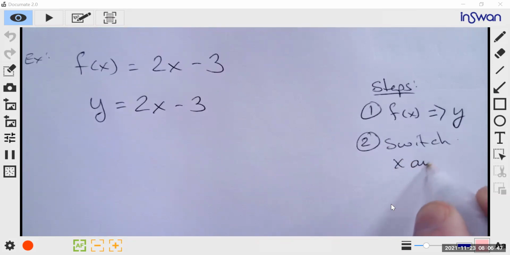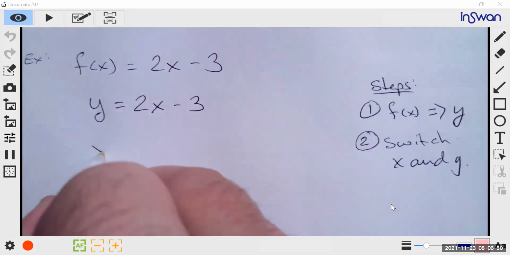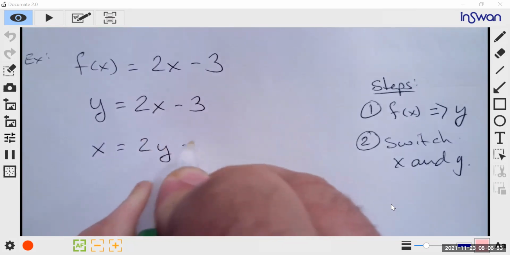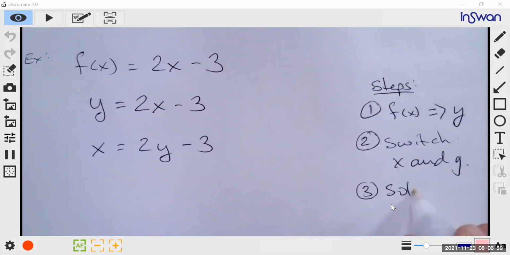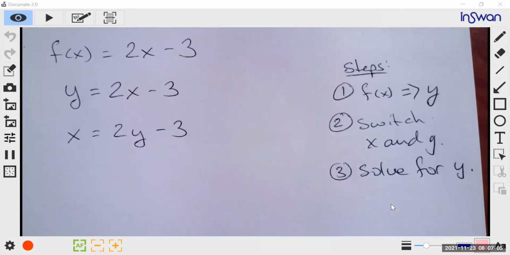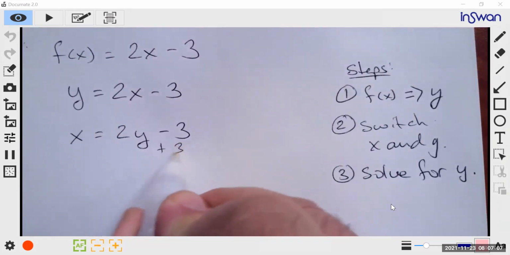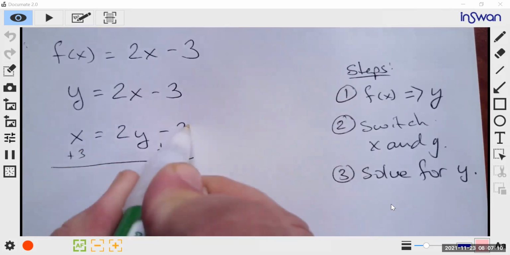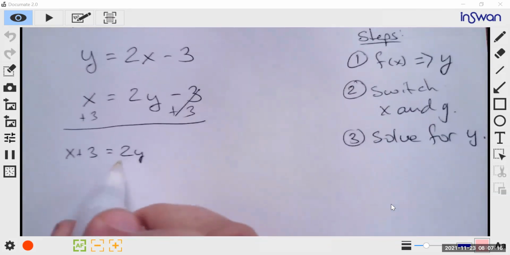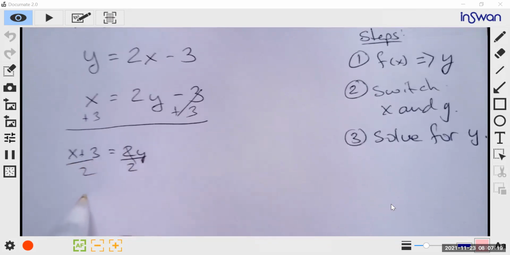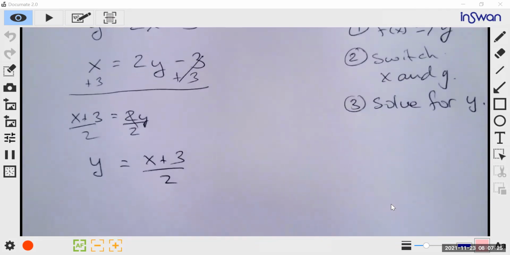Switch x and y. And then solve for y. So we add 3 to both sides. x plus 3 equals 2y. Divide by 2. So we have y equals x plus 3 over 2. This is our inverse.